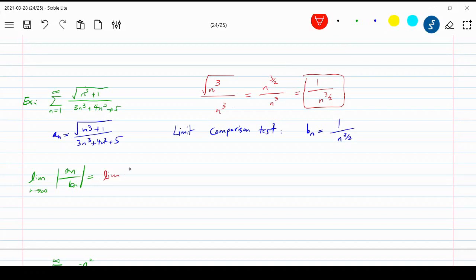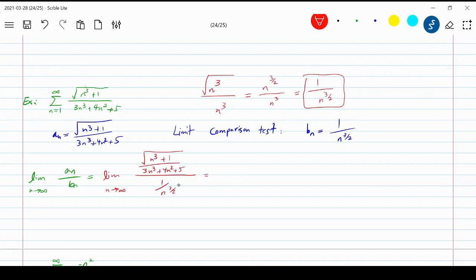The absolute value is not necessary. So here we have the square root of n cubed plus 1 divided by 3n cubed plus 4n squared plus 5, divided by 1 over n to the power 3/2, as n approaches infinity.